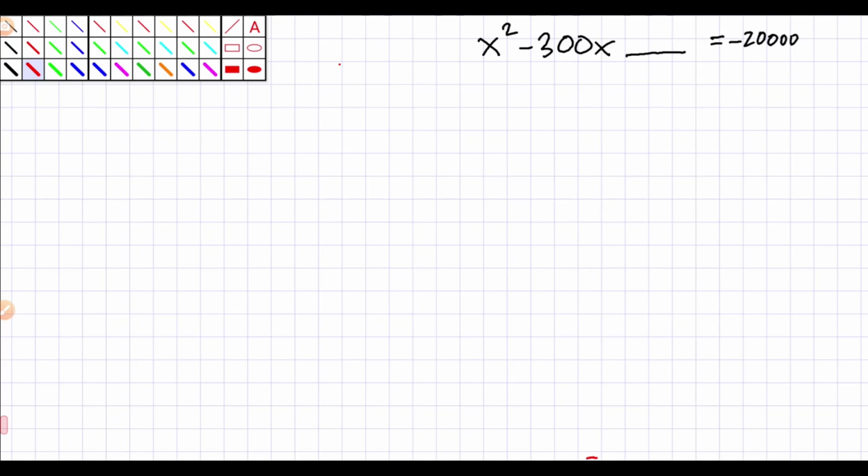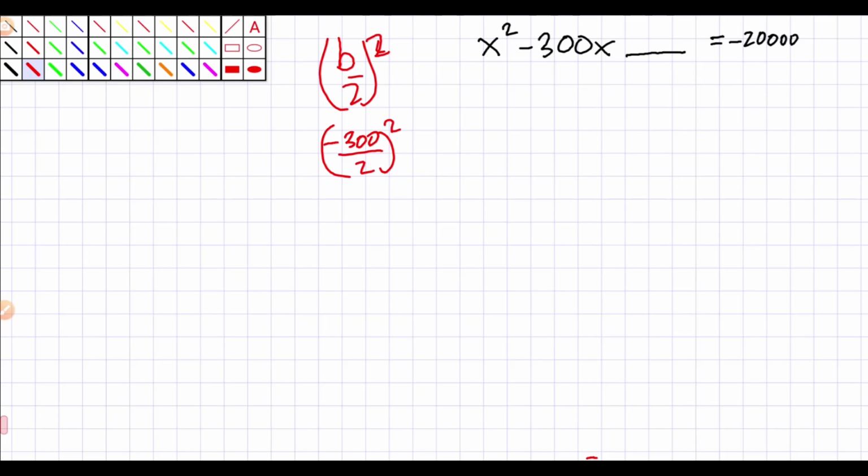Remember, we're going to take whatever the b value is, divide it by 2, and then we're going to square that. So really, I'm going to take negative 300 divided by 2, and I'll square that value. That's 150, and 150 squared. Let me get my calculator.